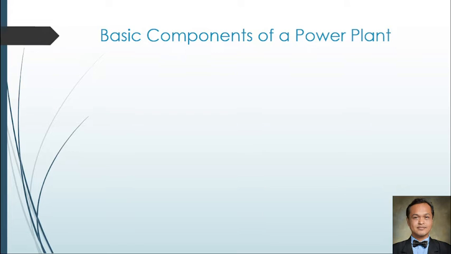So other components that can be found in the power plant, which are also supporting components and auxiliary components, are the motor controls, in order to control the speed and the usage of the motors, which are generally used in most of the power plants.